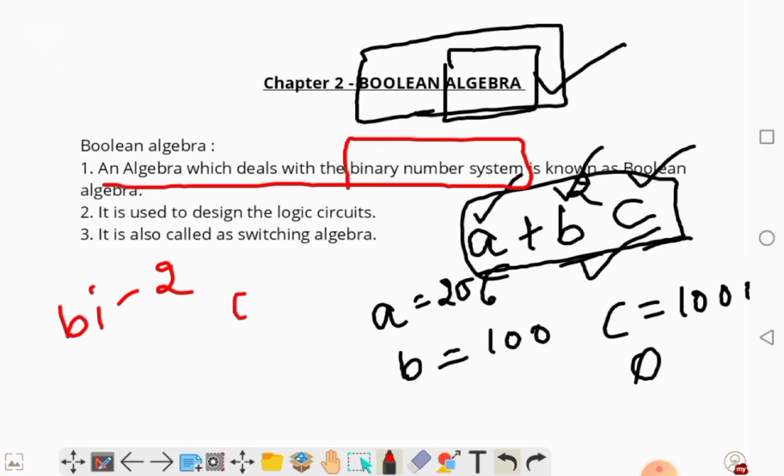That is 0 and 1. If you have only 2 numbers, that is 0 and 1, then it will be called a binary number system. An algebra which deals with the binary number system is known as Boolean algebra. So simple.